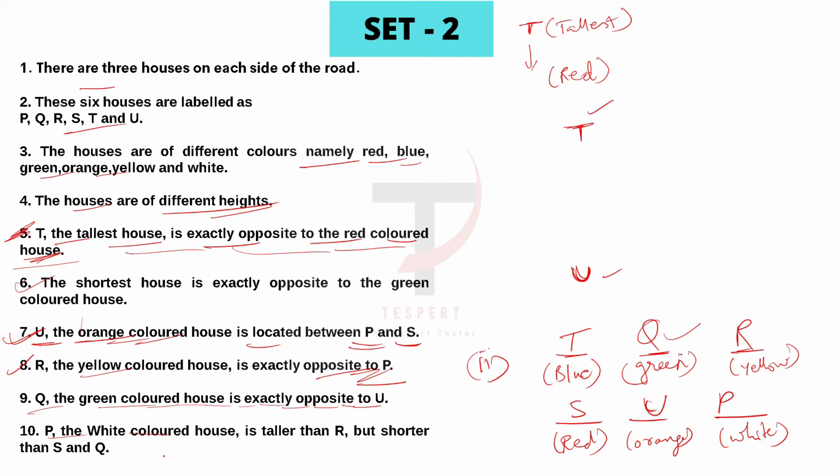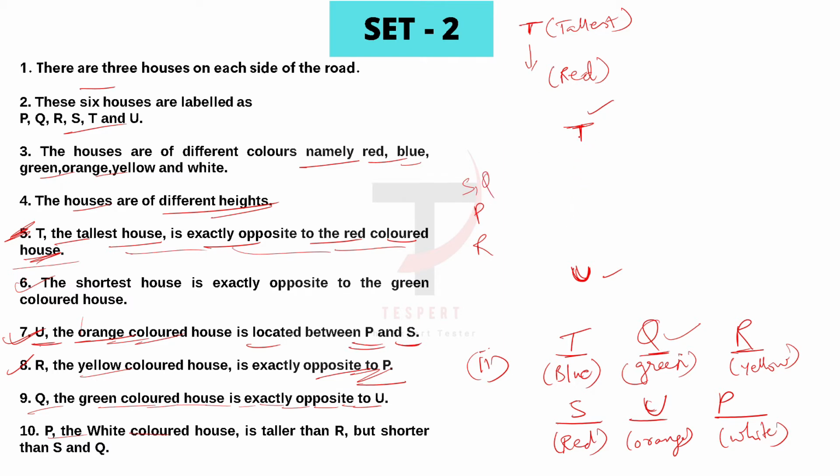And what is the 10th statement? P, the white colored house, is taller than R but shorter than S and Q. So P is taller than R but shorter than S and Q, which means we have two cases.